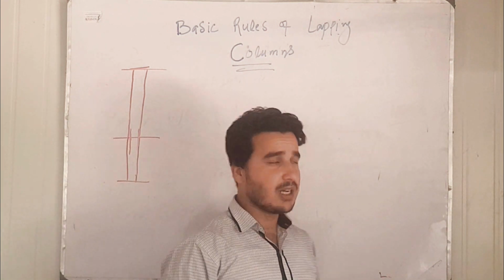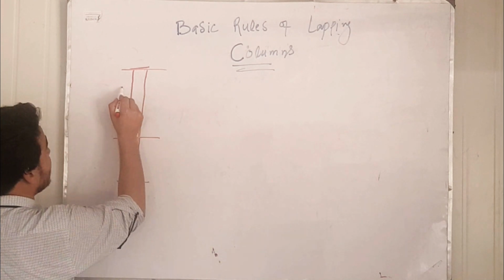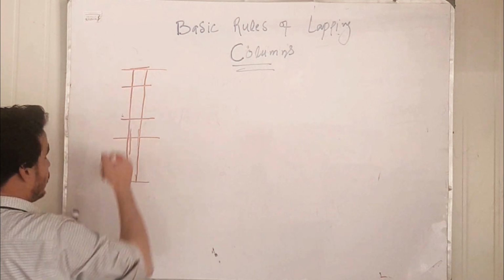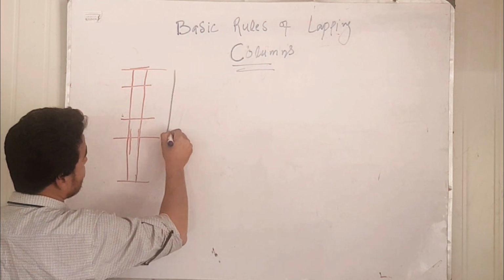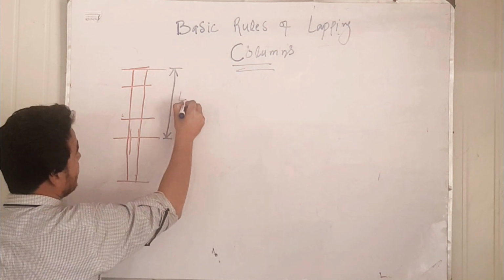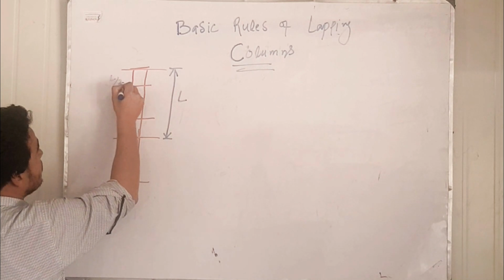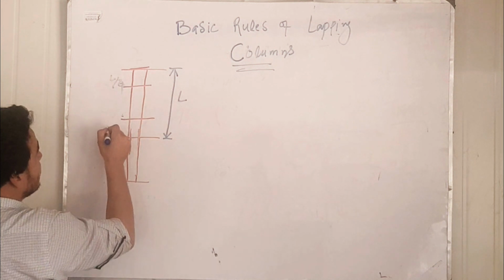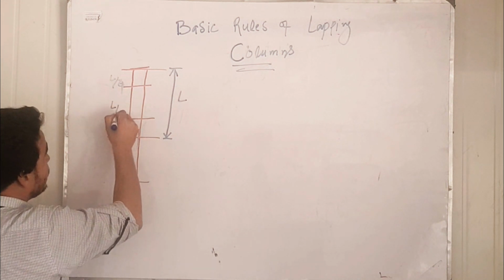So the first thing, let's suppose we divide this column into 3 sections. This is the total length of the column, L. This section is L by 4 and this section is L by 2.